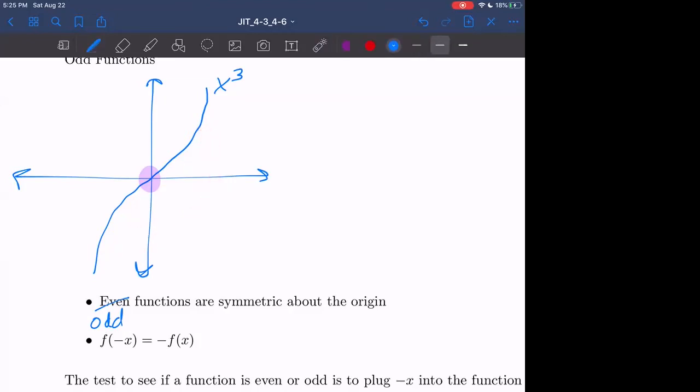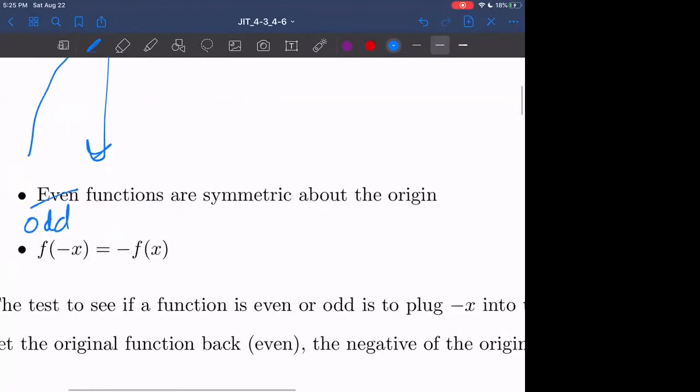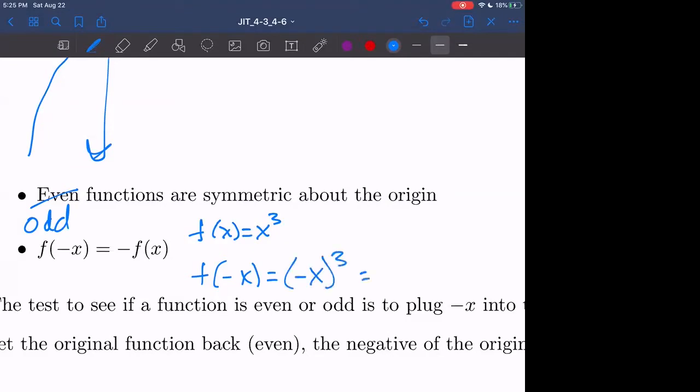Another way we can test for odd functions is, let's say f of x is equal to x cubed, that's our function. Now if I plug negative x in, it should give me back the negative of my function. So if I plug negative x into x cubed, that gives me negative x cubed.